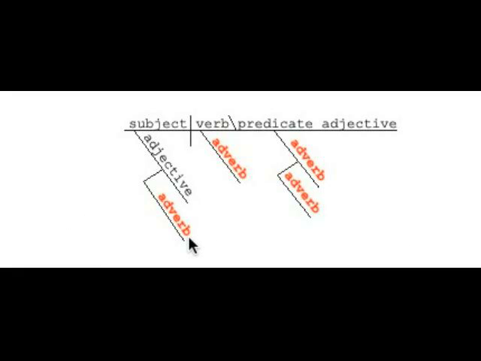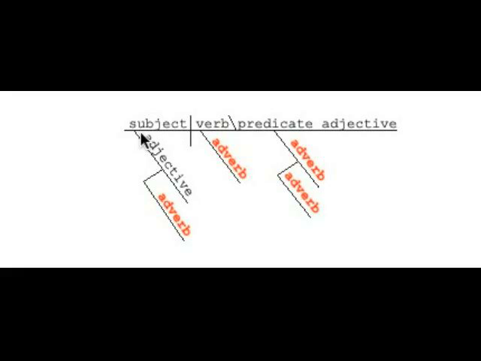Here we have an adverb modifying an adjective. You can tell it's modifying this adjective because it's coming on a line right off of the adjective. This may look a little funny if you've never seen a sentence diagram before, but basically a sentence diagram is just a visual way to show how the parts of a sentence are related to each other.